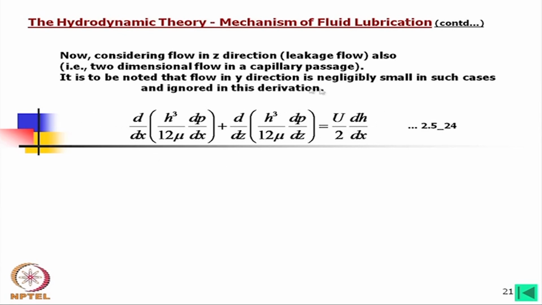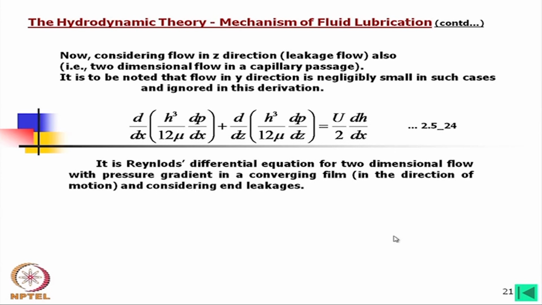So, this is the full equation for journal bearing lubrication: d by dx of h cube by 12 mu dp by dx plus d by dz of h cube by 12 mu dp by dz is equal to u by 2 dh by dx.